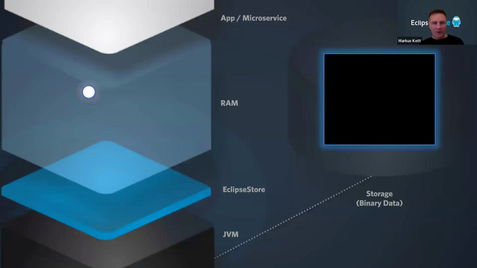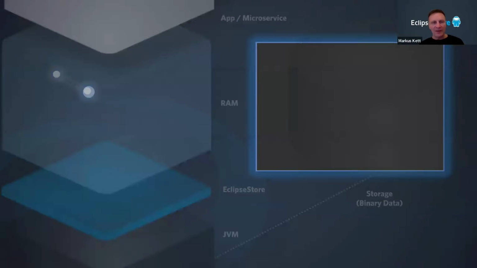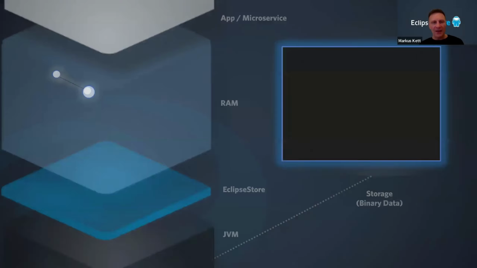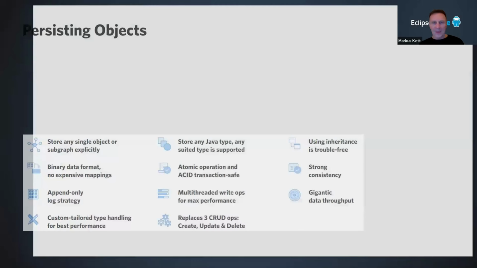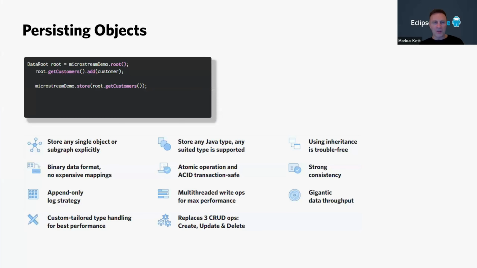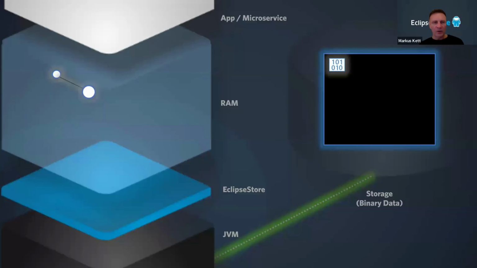This is just an animation, of course. Christian will show the code later. So let's add an object to our root object, and then let's store it, and see what happens. It's just a store method, storing a customer object, for instance.